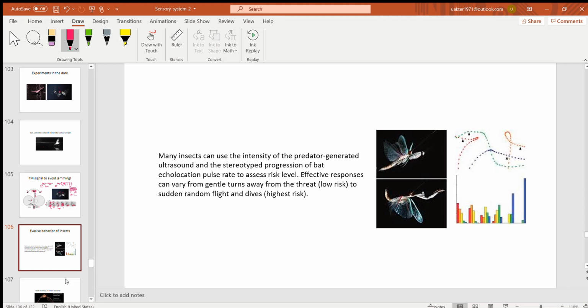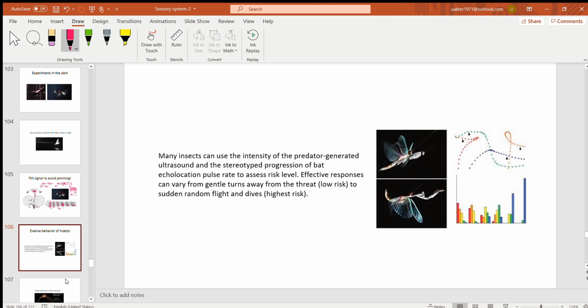This is another interesting observation, that bats produce pulses to get information about the prey. However, there are some prey that also use a different strategy to confuse the bats, and that is something very interesting.